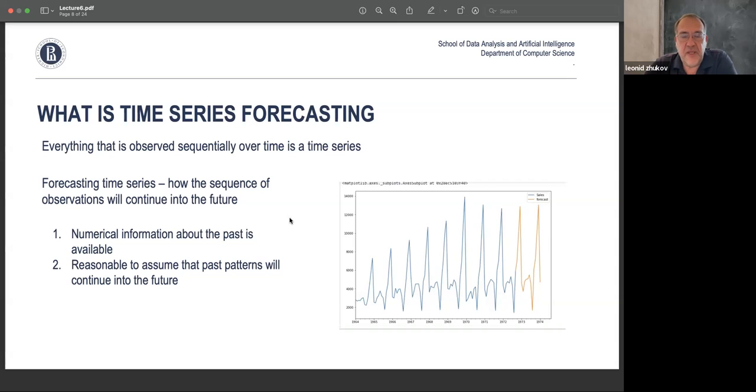Or take things happening right now in Russia. Try to forecast the exchange rate for the ruble. It's almost impossible because it significantly depends on whatever measures the government takes. So history might not give you any information about the future of that exchange rate. When we're talking about forecasting, we're assuming that past patterns will continue into the future, so we can learn the past patterns and extrapolate them.